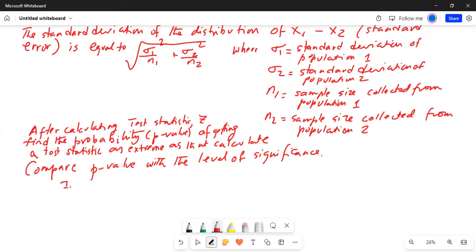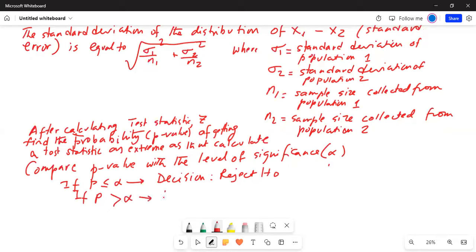And if p is less than or equal to alpha, the level of significance, then the decision is reject H0. And if p is greater than alpha, the decision is do not reject H0.